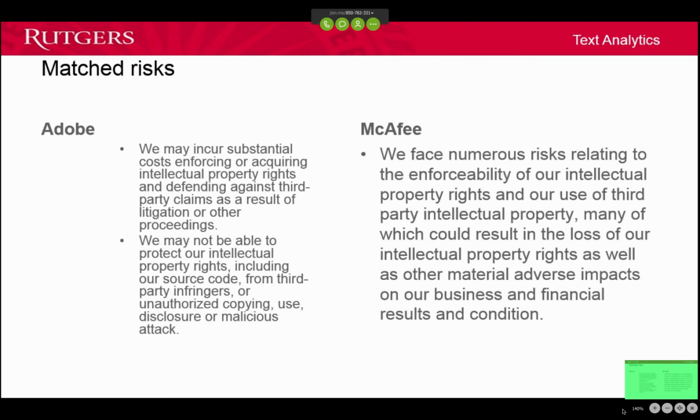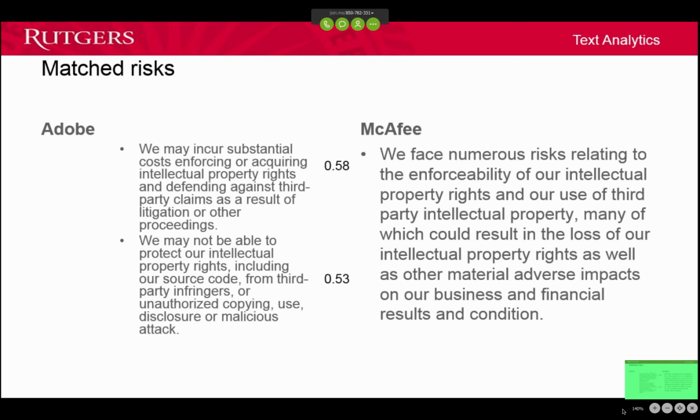But what's nice is that as the score goes down, the results are still good. So here are two risks that matched well with one McAfee risk. So we may incur substantial costs enforcing or acquiring intellectual property rights and defending against third-party claims as a result of litigation or other proceedings.